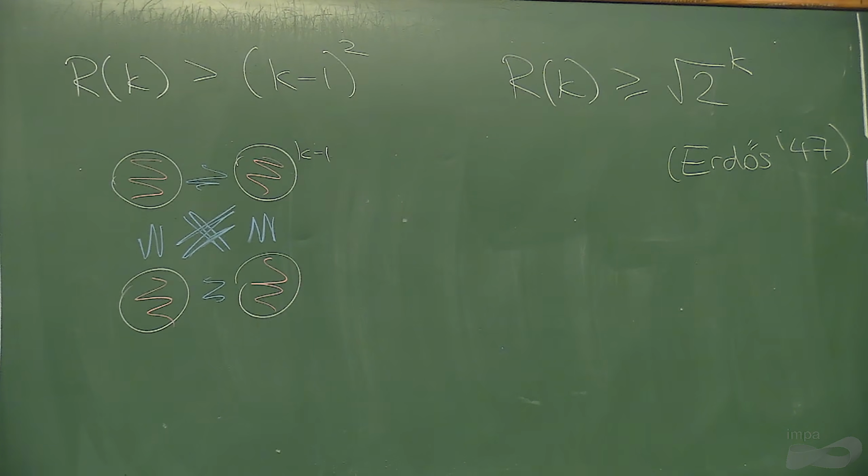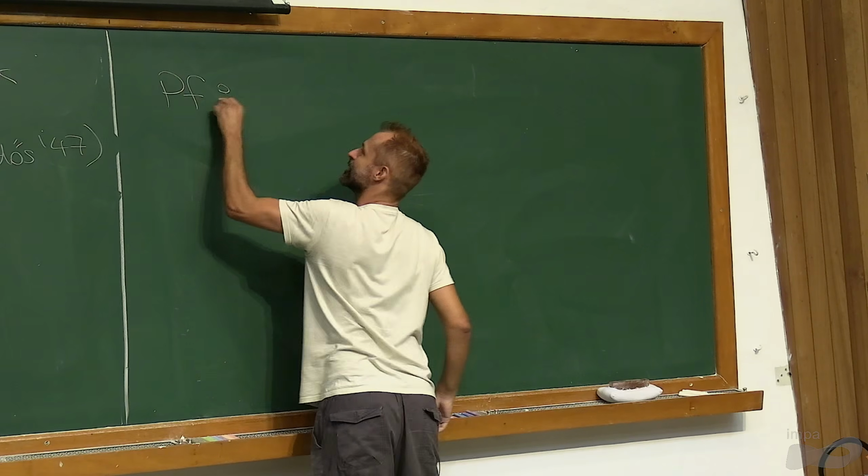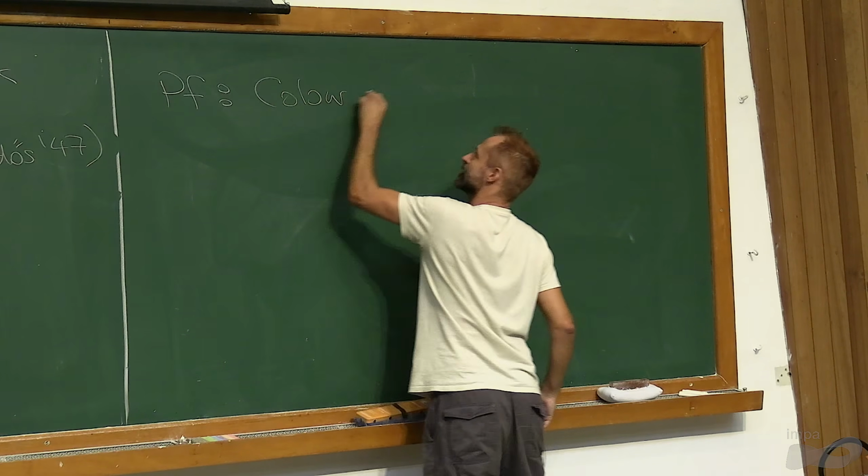Okay, so by now you know how to do this. Tell me what to do. Exactly. Proof: color randomly.